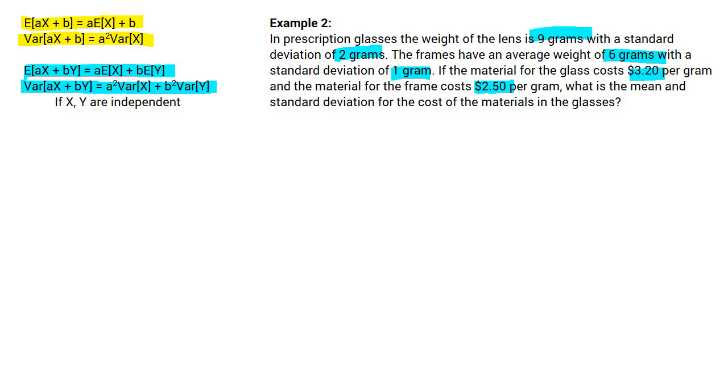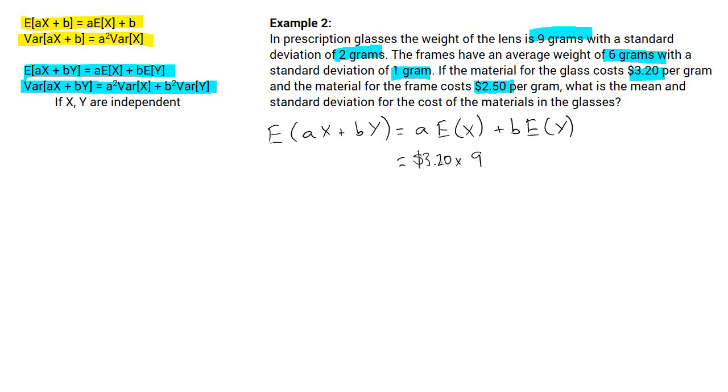So, let's have a look at the first formula. We're told the expected value of ax plus by is equal to a times the expected value of x plus b times the expected value of y, which is kind of what we'd expect to see happen. This means that if the weight of the lens on average is 9, that's our expected value for the lens, and we're told that the material in the lens costs $3.20.